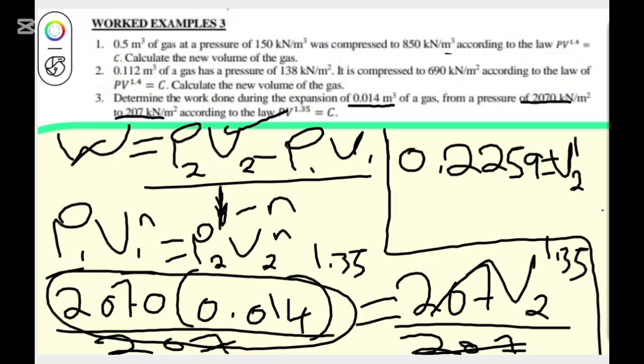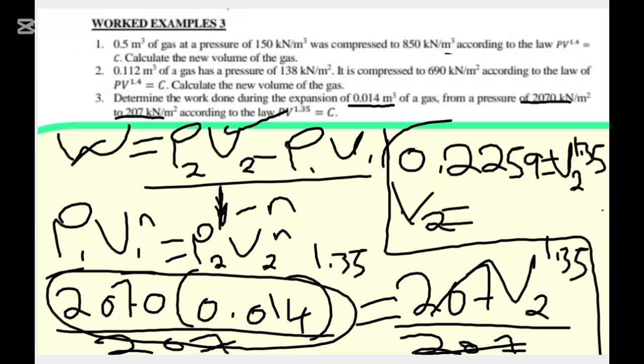This equals V2 power 1.35. So I have to take both sides to the power of 1 over 1.35, so at the end I will be left with only V2.